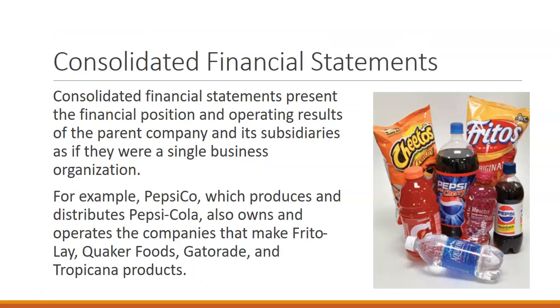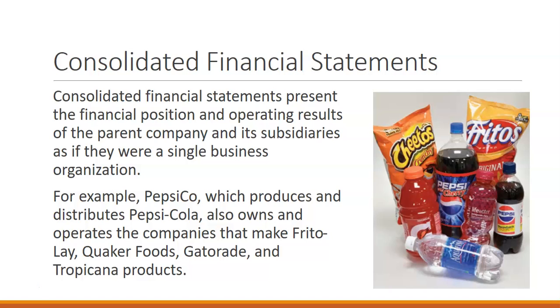When we're looking at their consolidated financial statements, this means that every subsidiary that a company owns is presented as if it's a single business organization. So in this example in the textbook, Pepsi, which also owns Frito-Lay, Quaker Oats, Gatorade, and Tropicana, would just show a Pepsi financial statement.